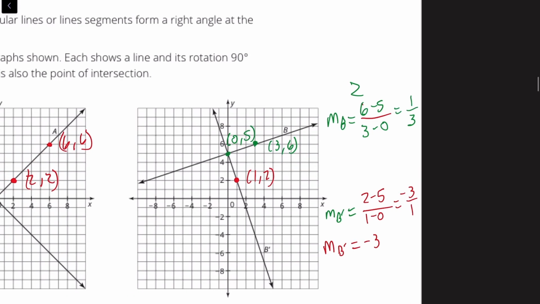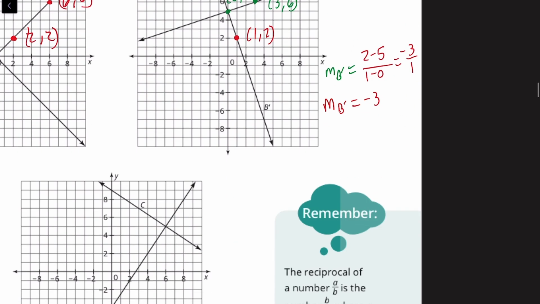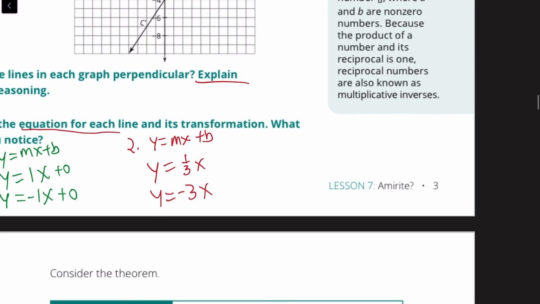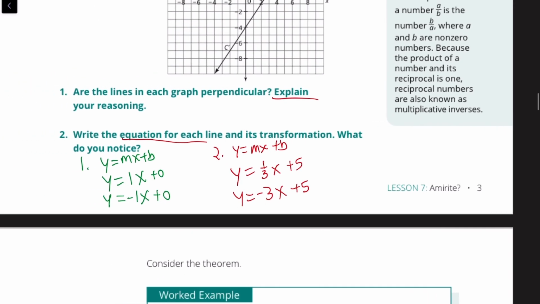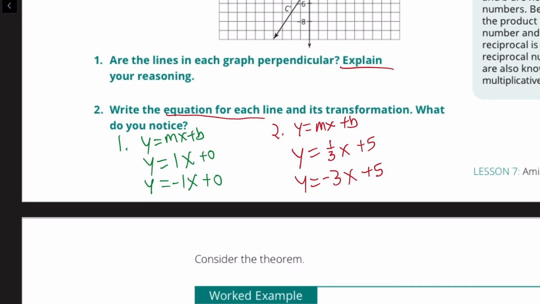So I just reduce that whenever I put the final answer for the slope. On number 2, to finish up that equation, we just need the y-intercepts. And 0, 5 is the y-intercept for both graphs. So that means here for b, we're going to put plus 5 and plus 5. I would like to do a lot more examples with you to show you what happens when you have perpendicular lines, but so far with just these two examples we can see with perpendicular lines, the slopes, one of them is positive and the other one is negative.